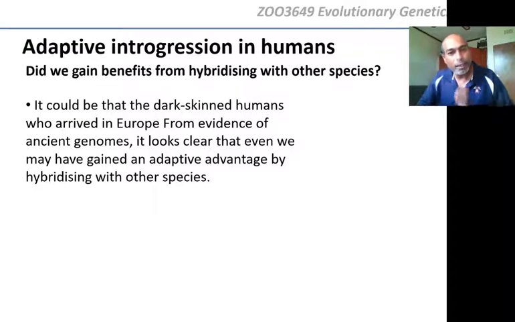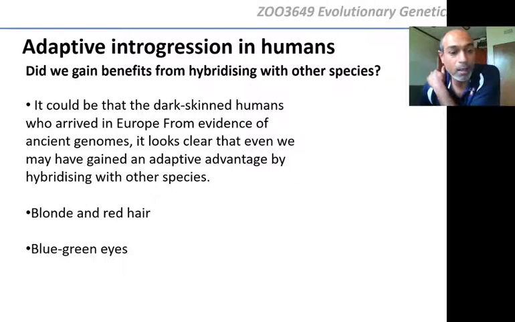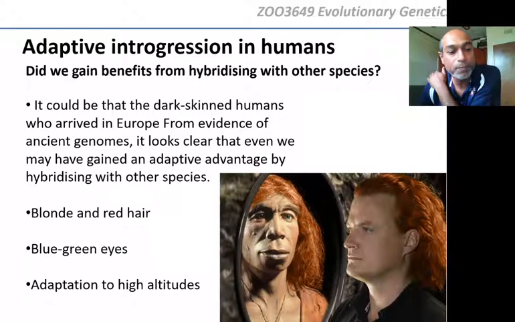So, could it be that the white skin of Europeans and the blonde hair and red hair and the blue eyes and the green eyes, and adaptations to high altitude, not in Europeans but in certain Asian populations like in Tibet, in the Himalayas, could these adaptations, which give increased fitness, that's why they're adaptive, have come into our modern human beings from a long extinct different species of human?